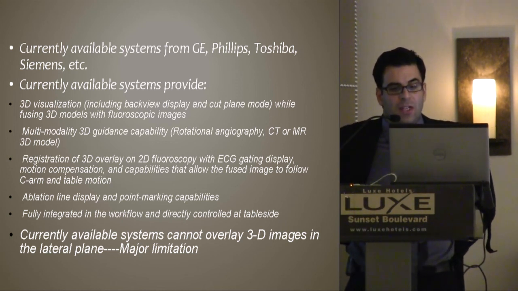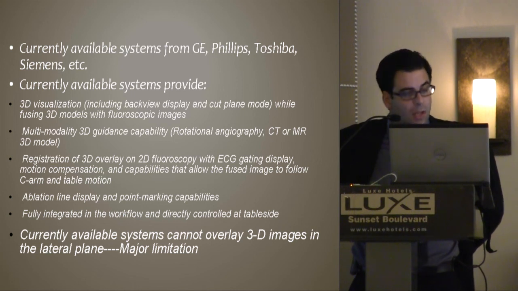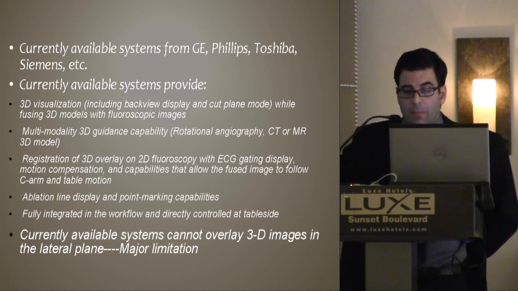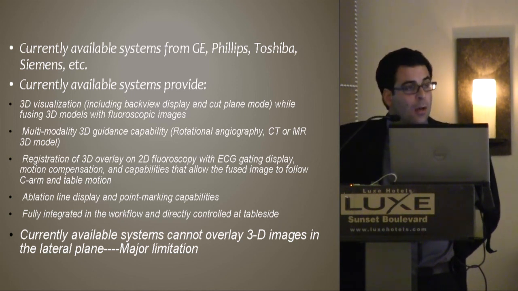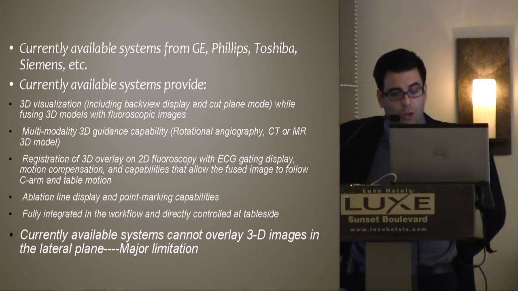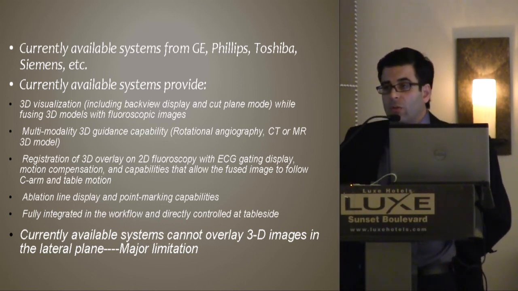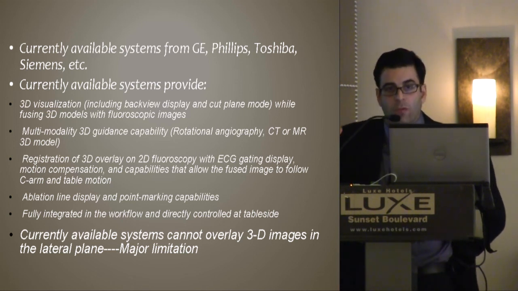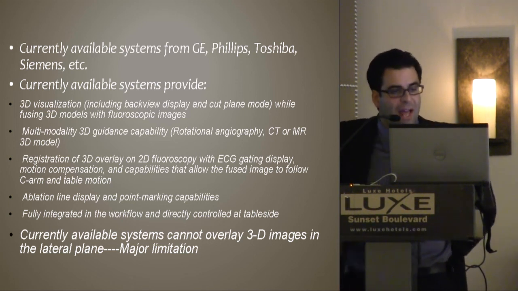Rotational angiography, CT or MR 3D models, they can all do that. Registration of 3D overlay on the 2D fluoroscopy with ECG gating, motion compensation, respiratory compensation, and I'll show you some examples of that. And then the image should follow the table. As you pan down, as you pan up, the image should move, so you don't have to work in a static mode.